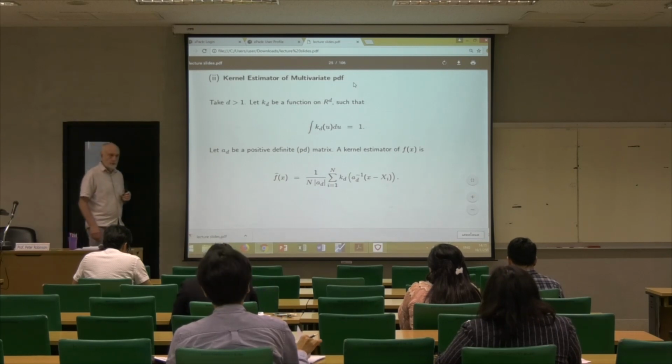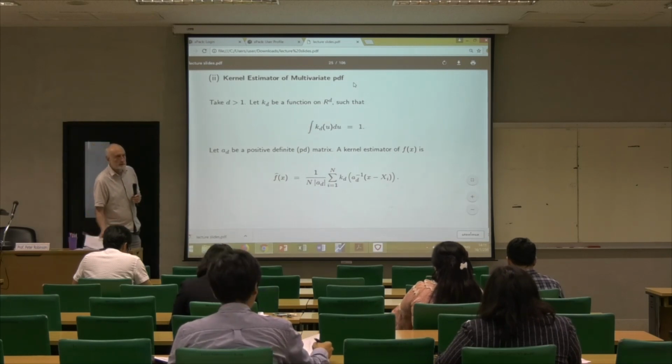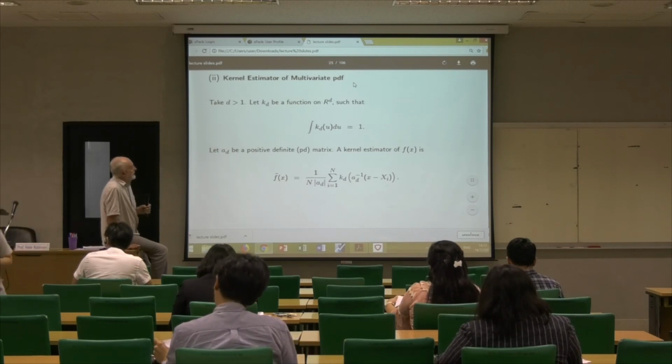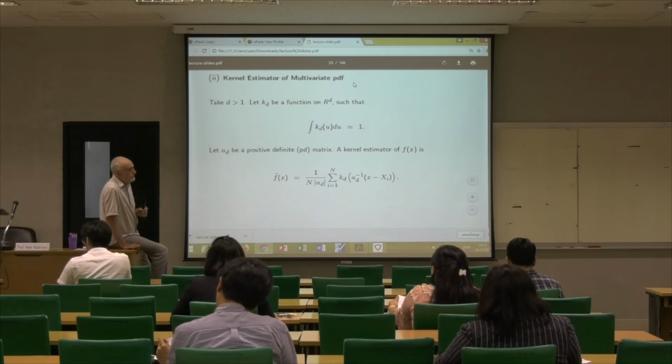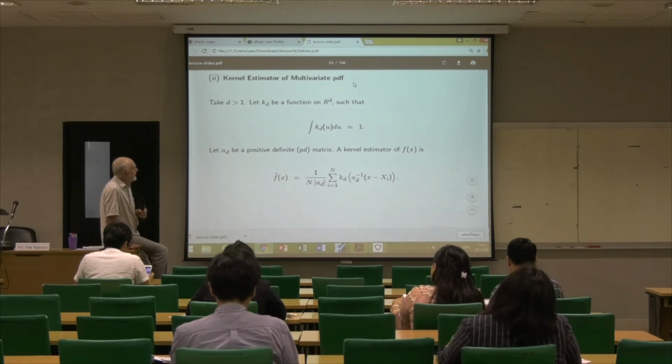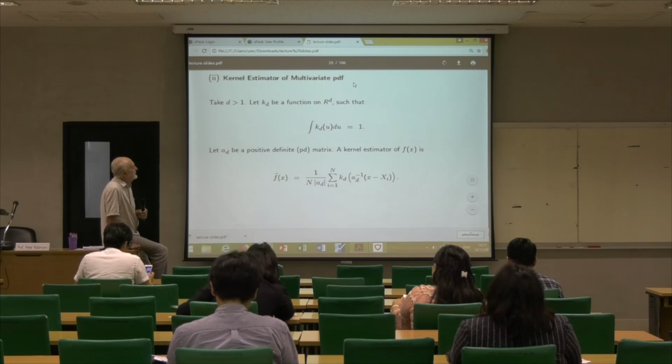Now, of course, with economic data, often we're concerned with several related variables, more than one of them, and so we want to extend this idea.